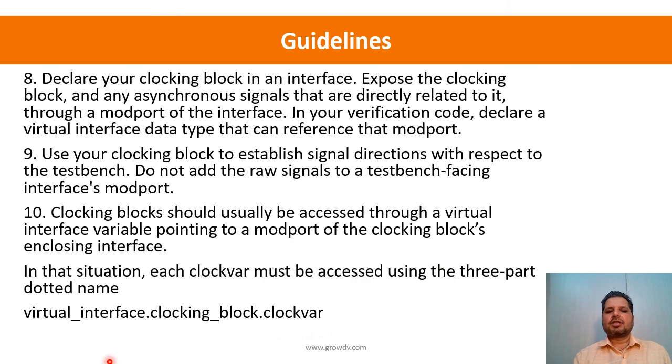The way it becomes accessible is you use your virtual interface name, then the clocking block name, and then a dot and the clock variable. This is the way to access, and it should be followed across while driving as well as sampling, to ensure consistency, so that you are not bypassing the clocking block or accessing it directly through the virtual interface, which can lead to confusion.